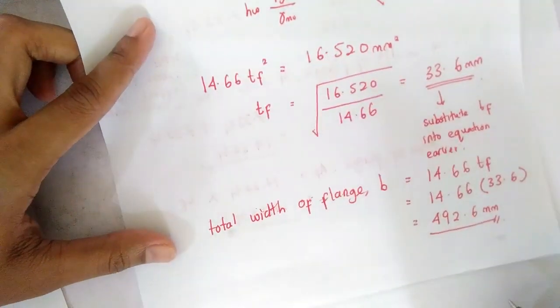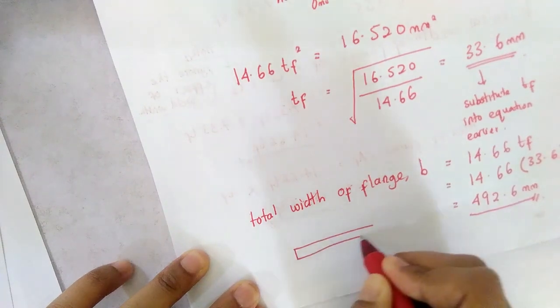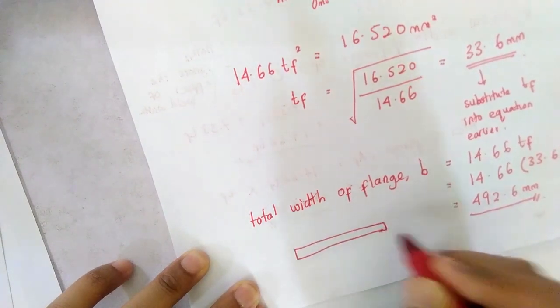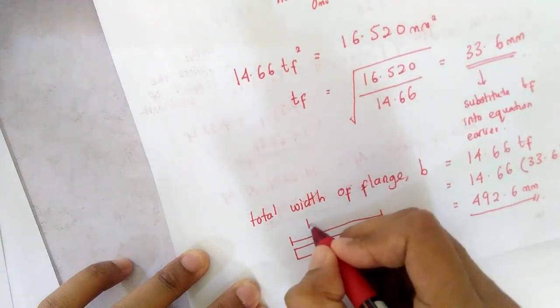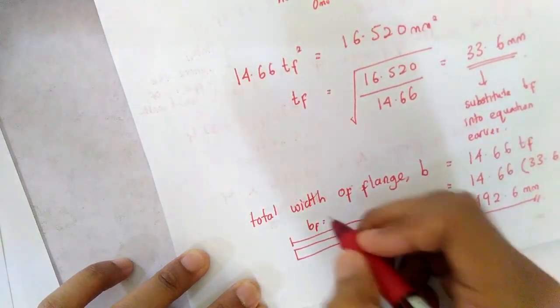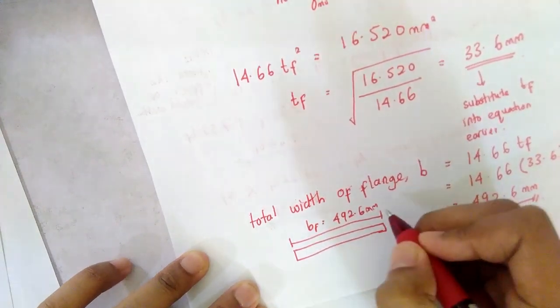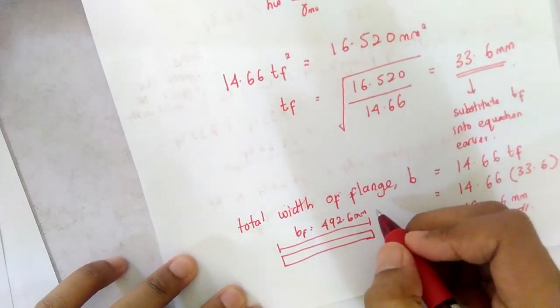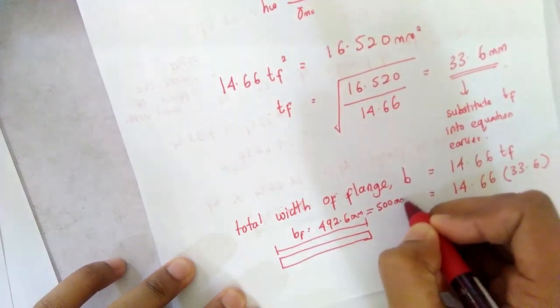You get 492.6. Meaning that for your flange, imagine this is the flange plate, your BF is 492.6 mm, whereby you can round it up to 500 mm.